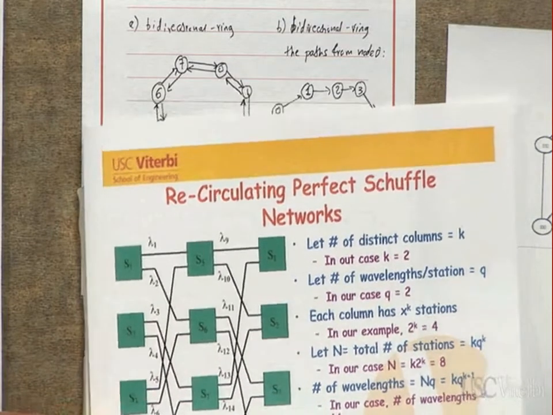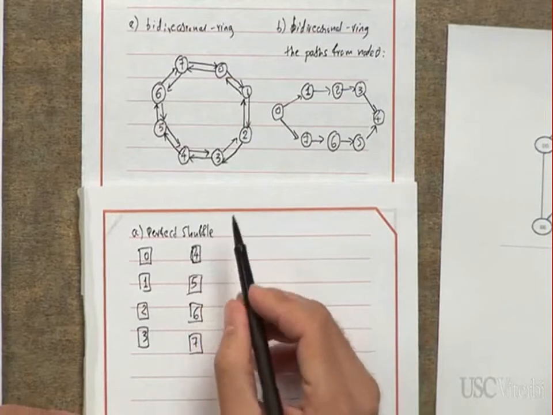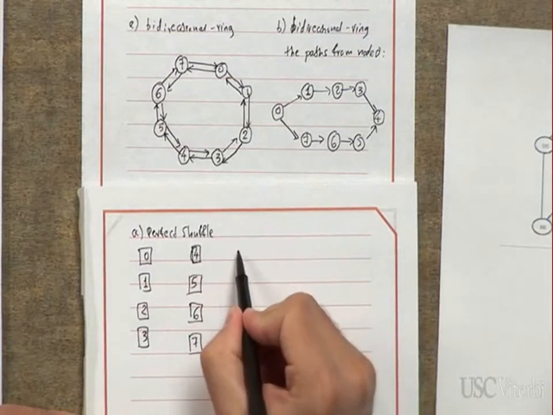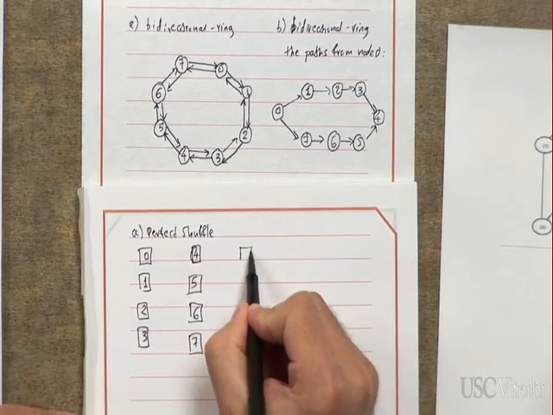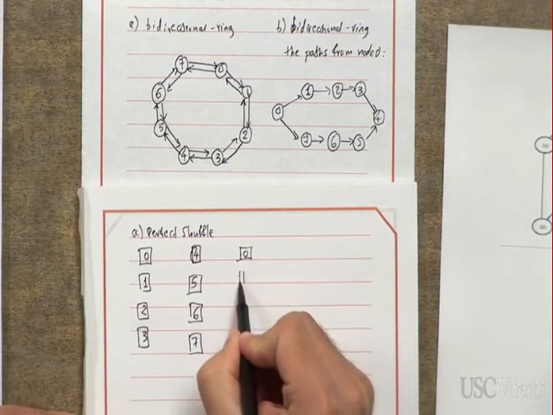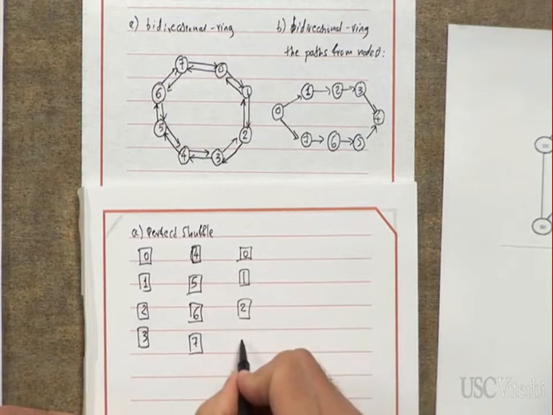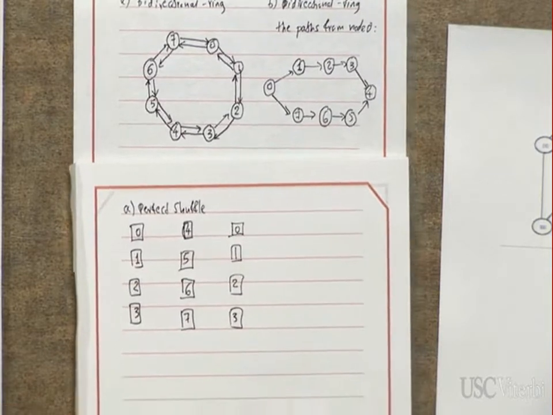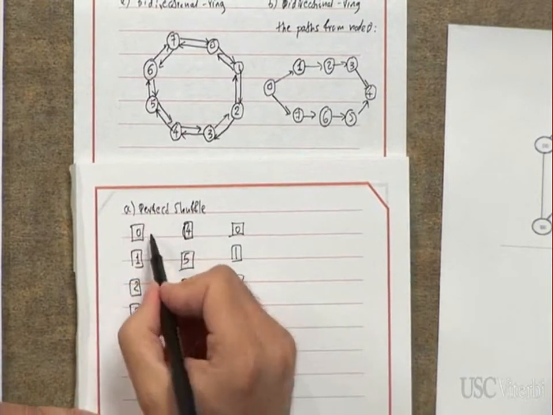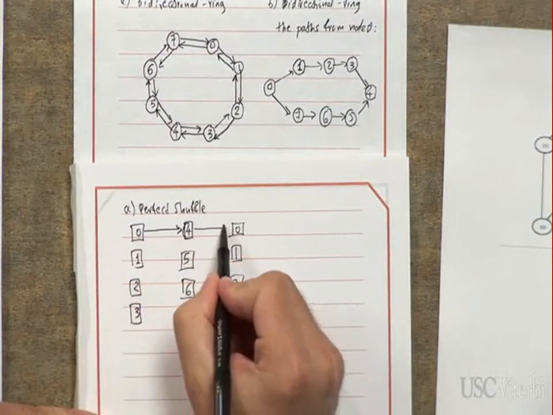And we will basically connect those back to 0. Now, following exactly the same pattern, the connectivity will look like this.